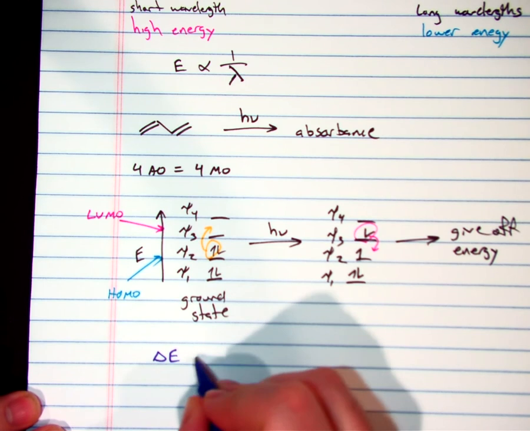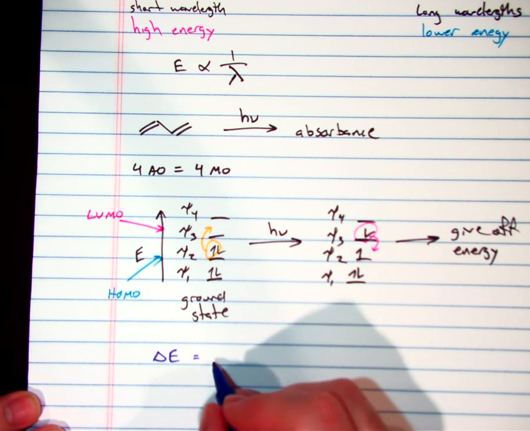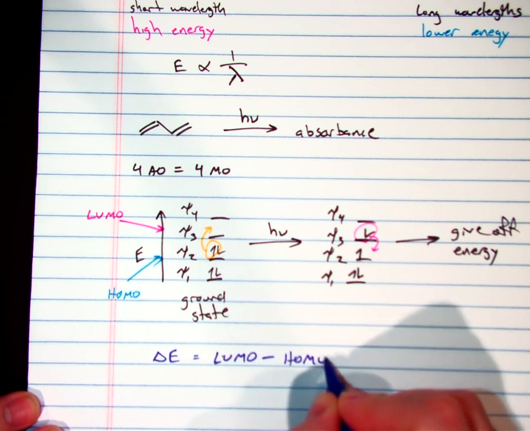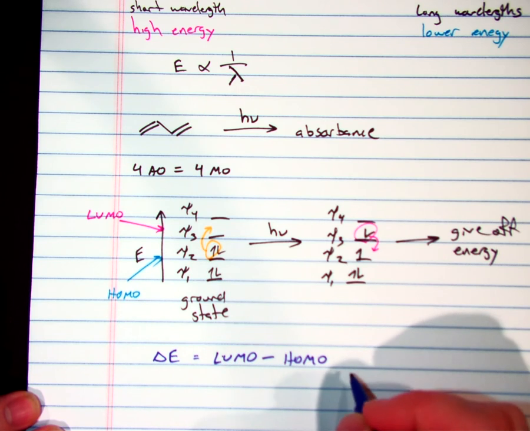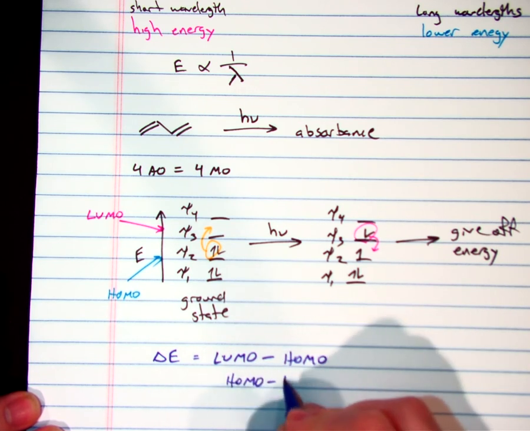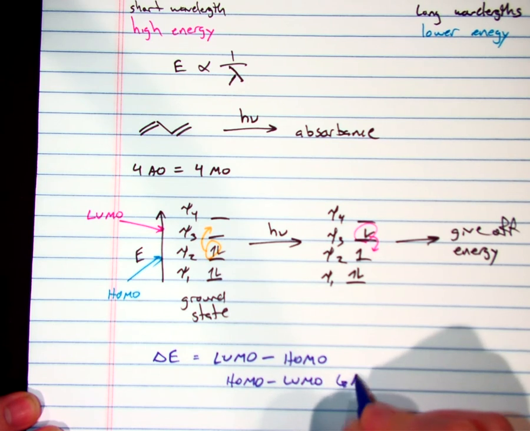So the energy difference is really the difference in energy between the lowest unoccupied molecular orbital and that highest occupied molecular orbital. So something that we call the HOMO-LUMO gap.